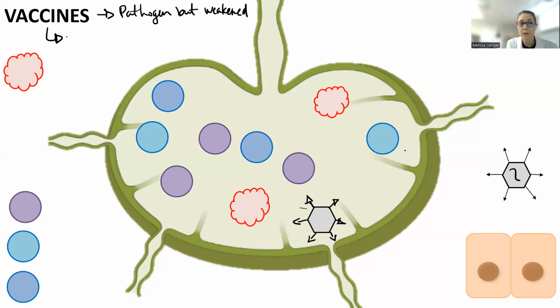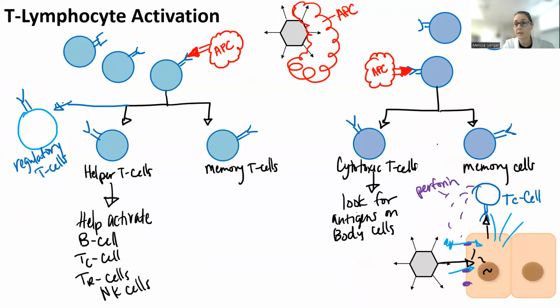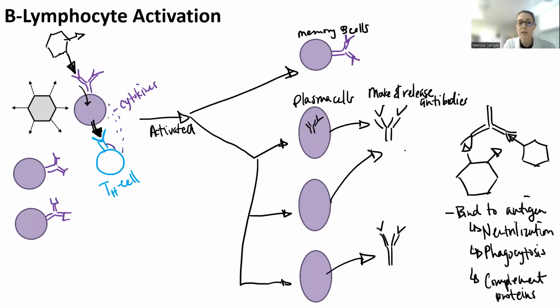So what a vaccine does is cause a primary response. So exactly what's happening during the primary response? It activates your T lymphocytes, and what's really important here is you create memory cells, memory T cells. It activates your B cells. You create memory B cells and antibodies.